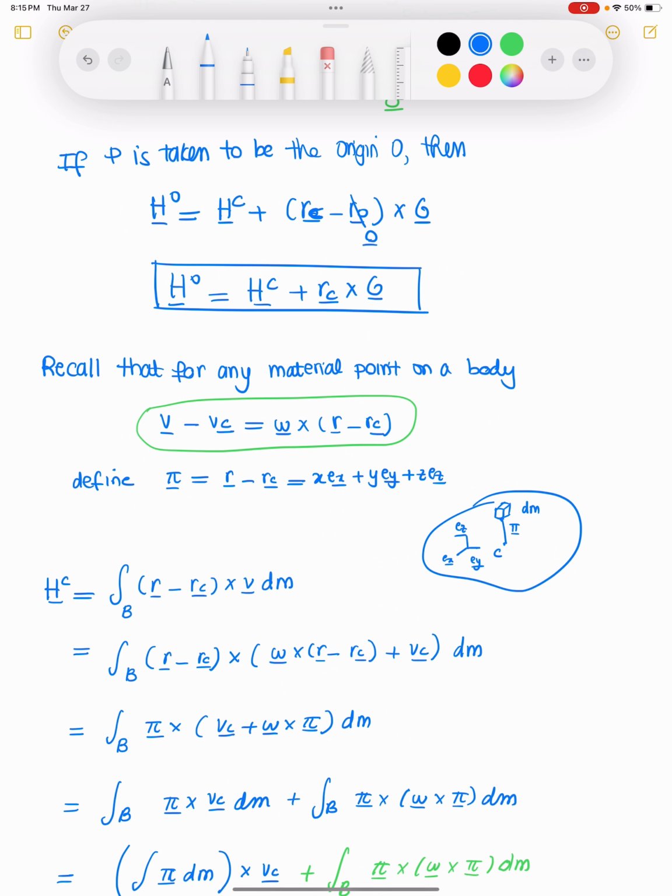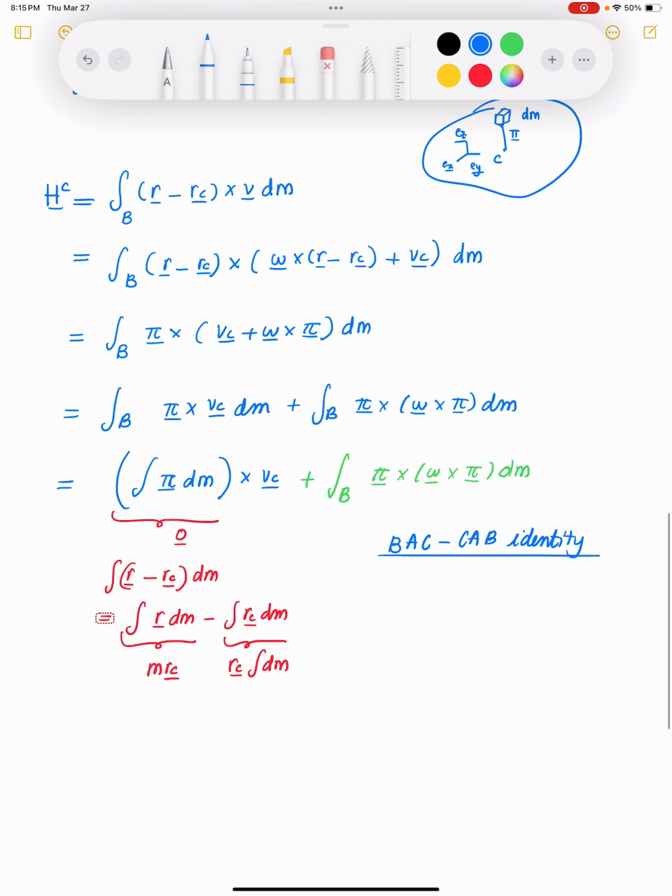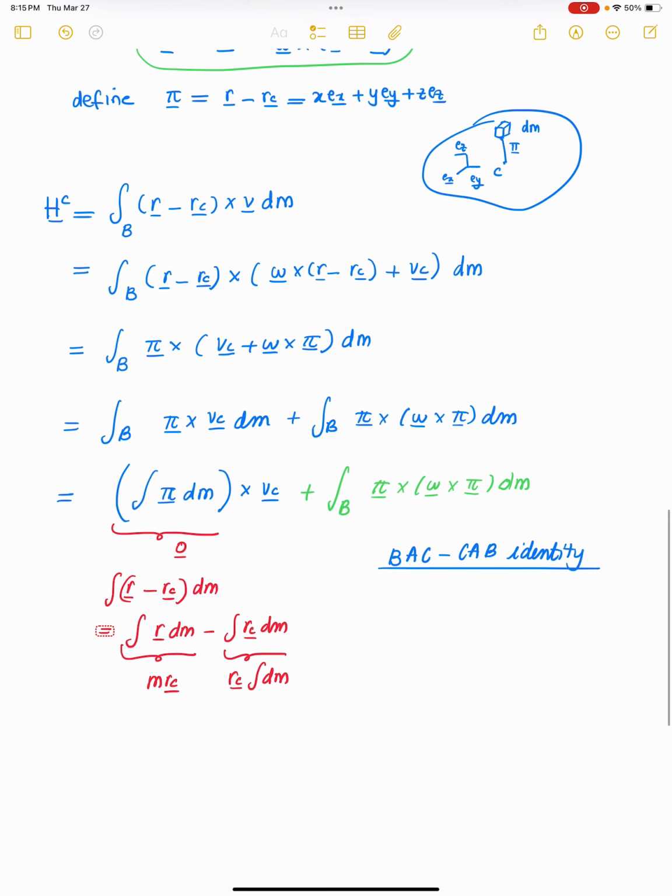I'll guess it first and then we'll double check. A cross B cross C is equal to B times A dot C, minus C times A dot B.